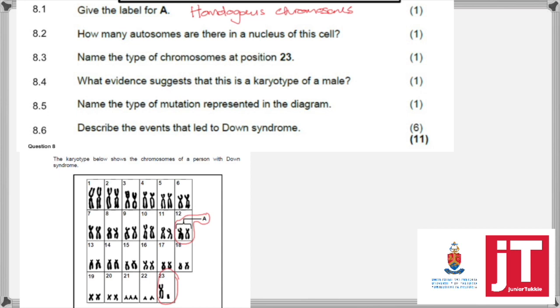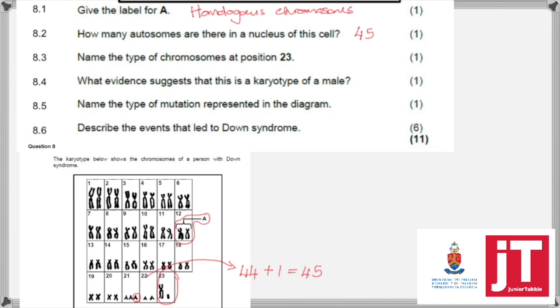Now this is an interesting question, because how do we count this? We've got 22 multiplied by 2, which gives us 44. But that does not take into account that this is an individual with Down syndrome. In a normal individual it would be 44 autosomes, but now this individual has that extra 1, which gives us the 45 that we are looking for in the answer to 8.2.